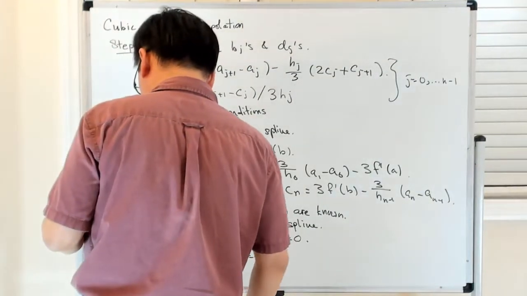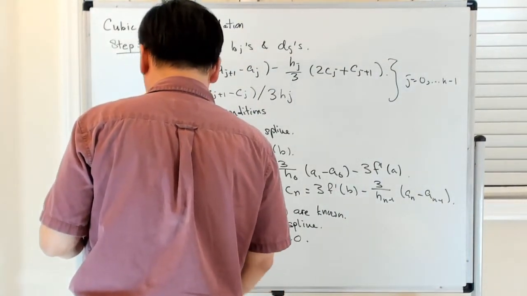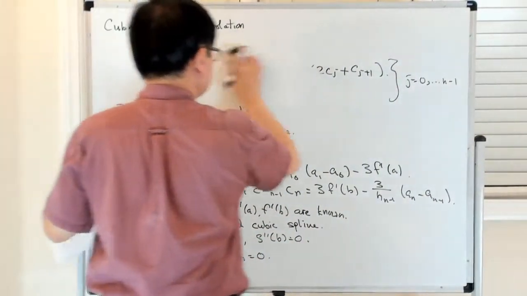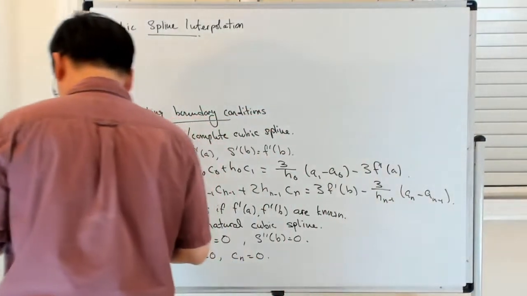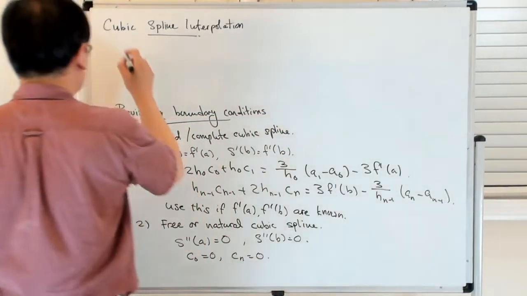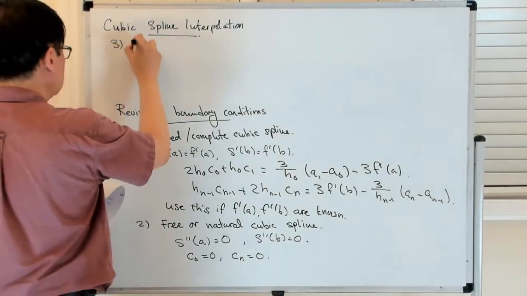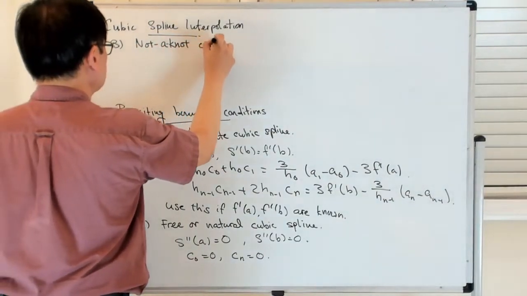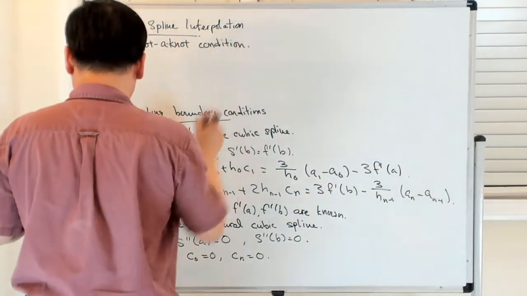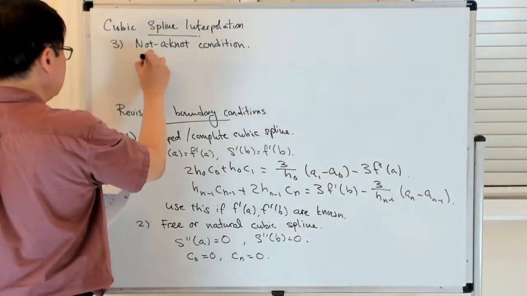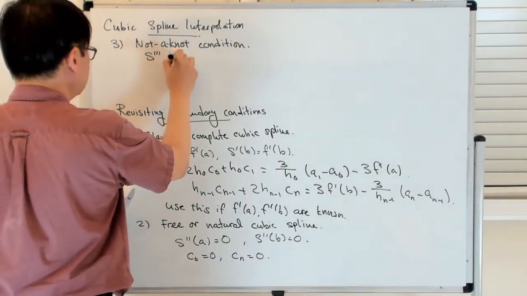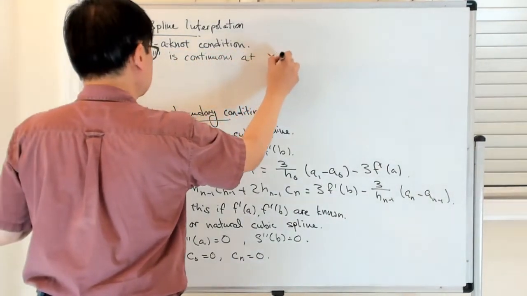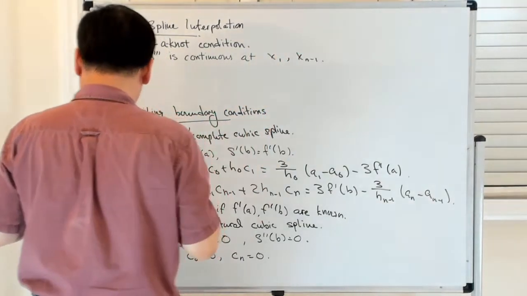And then finally, you have the not-a-knot condition, which is that the third derivative is continuous at x1 and x_{n-1}.